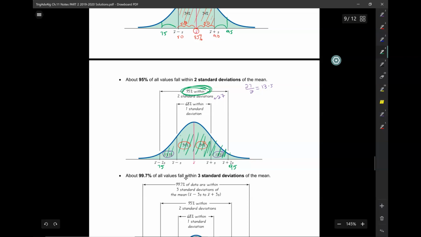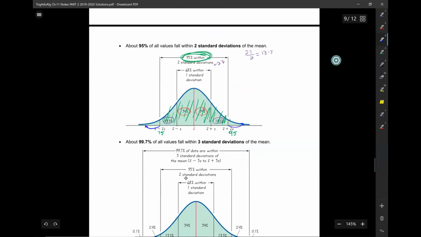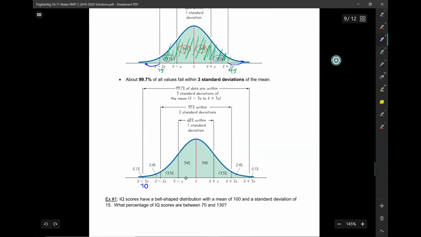Now, if I go 3 standard deviations, another 5 units over and another 5 units over, so now I'm going from 70 to 100. Now it's 3 standard deviations over. 99.7% of the data is going to be within those 3 standard deviations. So out of a 100-person class, 99 scores are going to fall within 70 and 100, for a normal distribution.